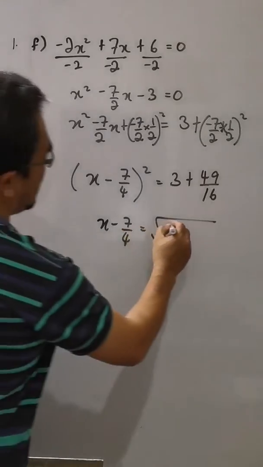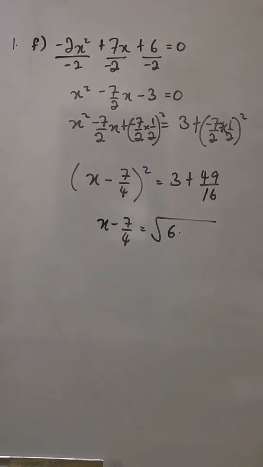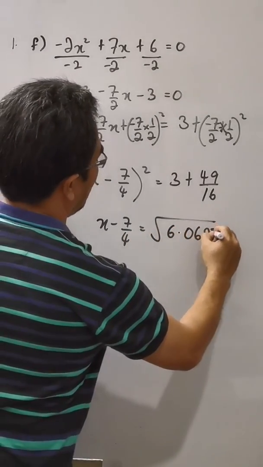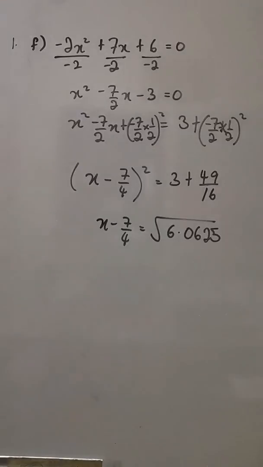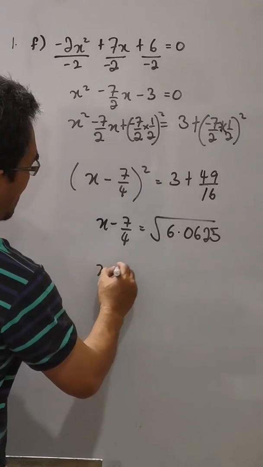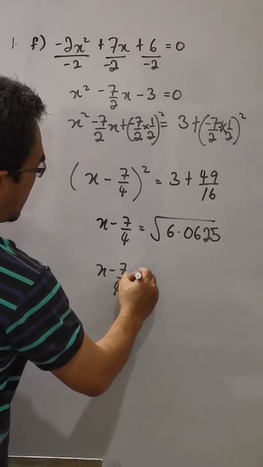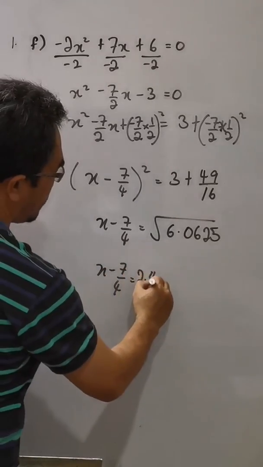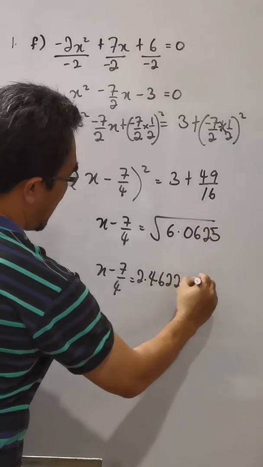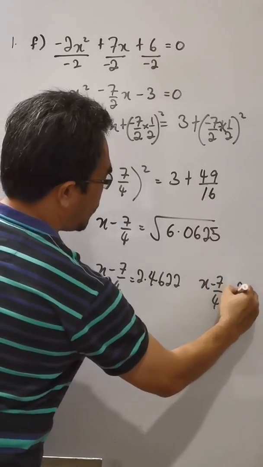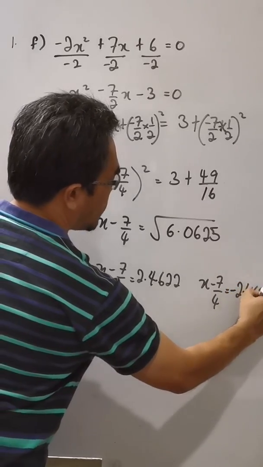So 6.0625. And what is the square root? 2.4622. Okay, so x minus 7 over 4 equals 2.4622, and the other value, negative 2.4622.